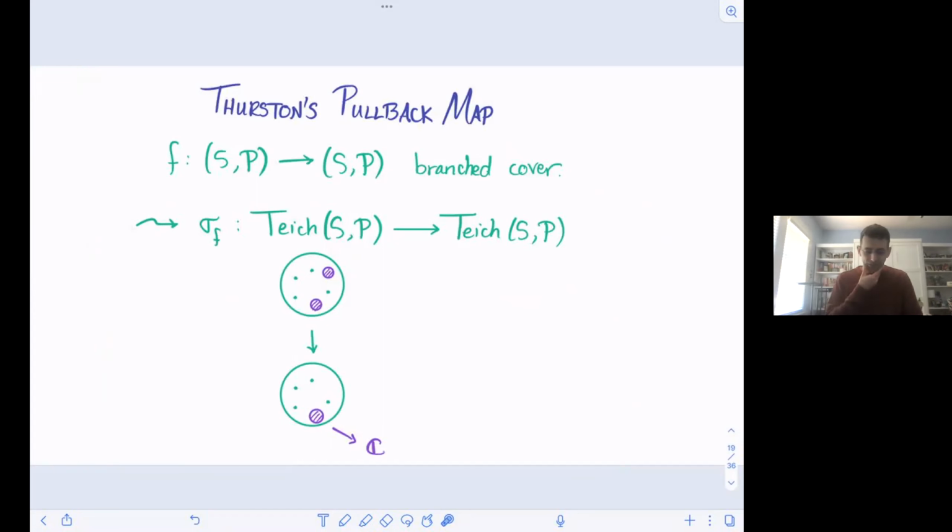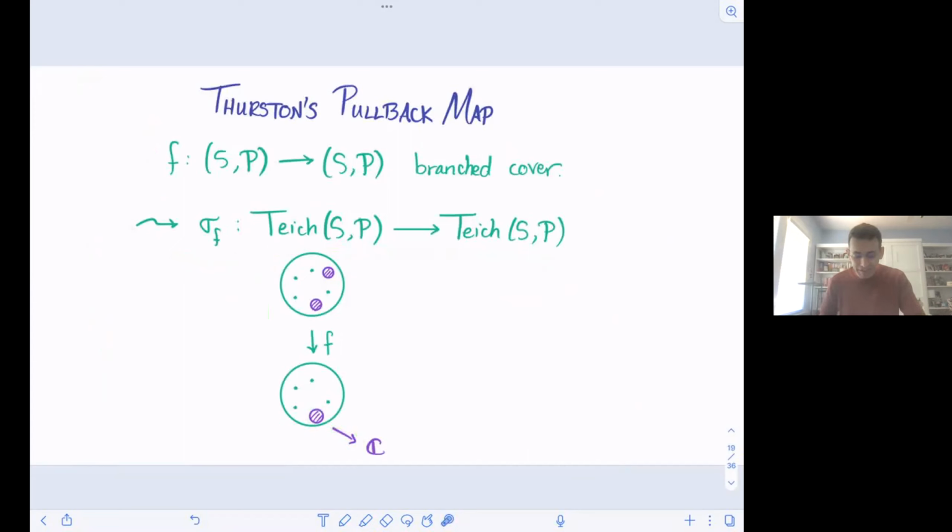Thurston defined a pullback map. So I've got a branched cover. There's a map from Teichmüller space to Teichmüller space. What's the map? Well, here's my cover. Here's F. What's a complex structure? You have open sets in S, and you have maps to the complex plane.